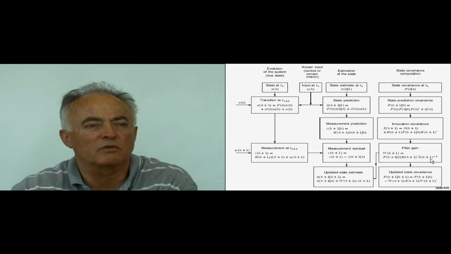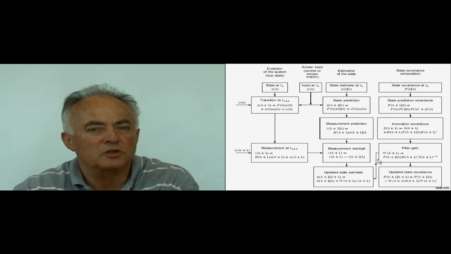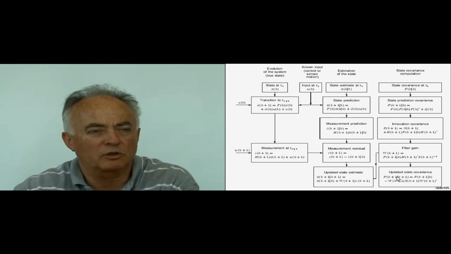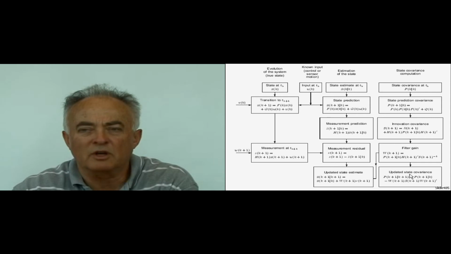That's the state prediction covariance. So this W goes for the state estimation, and we have one more calculation. How good is the updated state? How good is the new estimate? P_{k+1|k+1} is P_{k+1|k}, the prediction, minus W_{k+1} S_{k+1} W_{k+1}'.